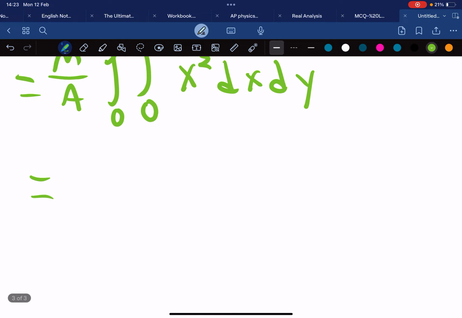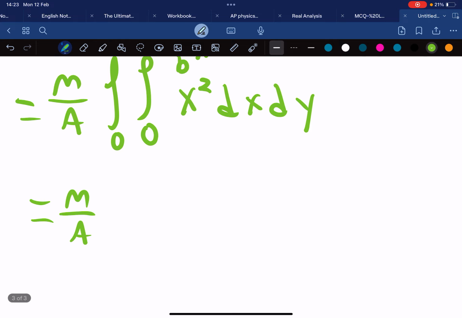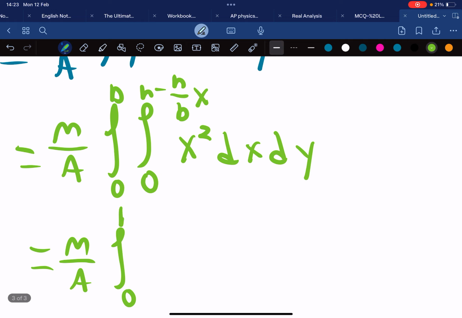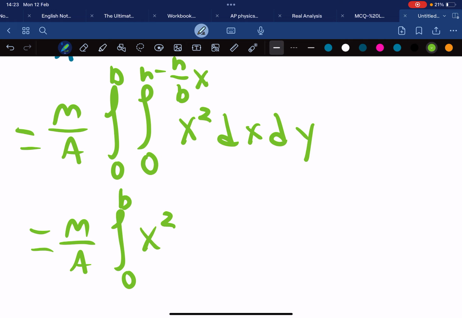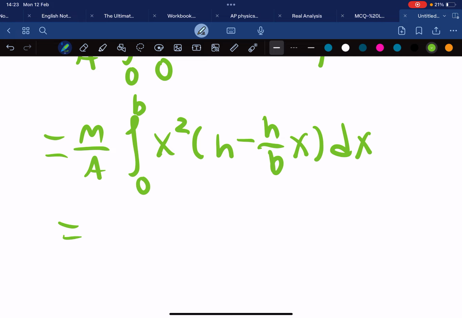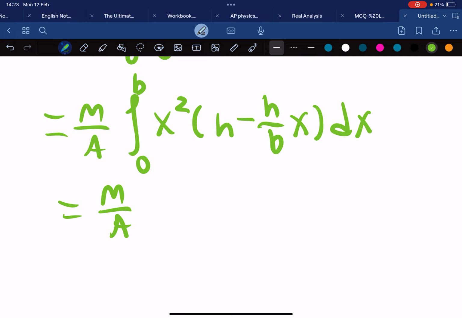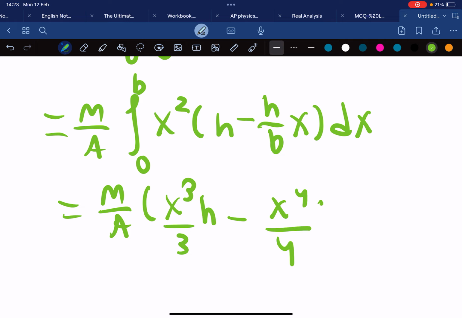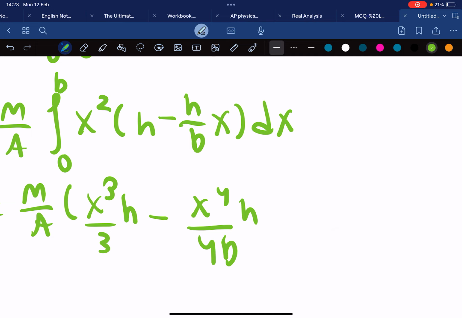And so this is going to be m over A in front times the integral from 0 to b of x squared times h minus h over b x dx, and this is also straightforward to compute. It's going to be m over A times x cubed over 3 times h minus x to the fourth over 4 times h over b, evaluated from 0 to b.